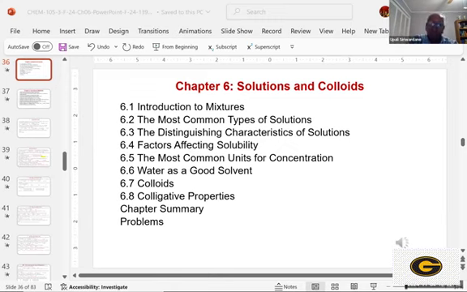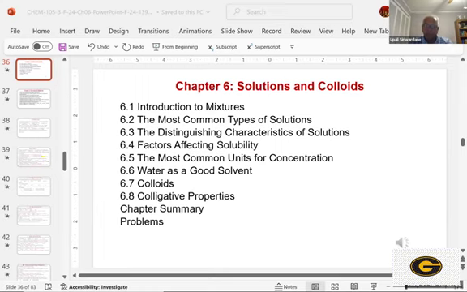Then we're going to talk about dilution problems, where you add water to an already known solution with already known molarity, and how you calculate the new molarity from the data.